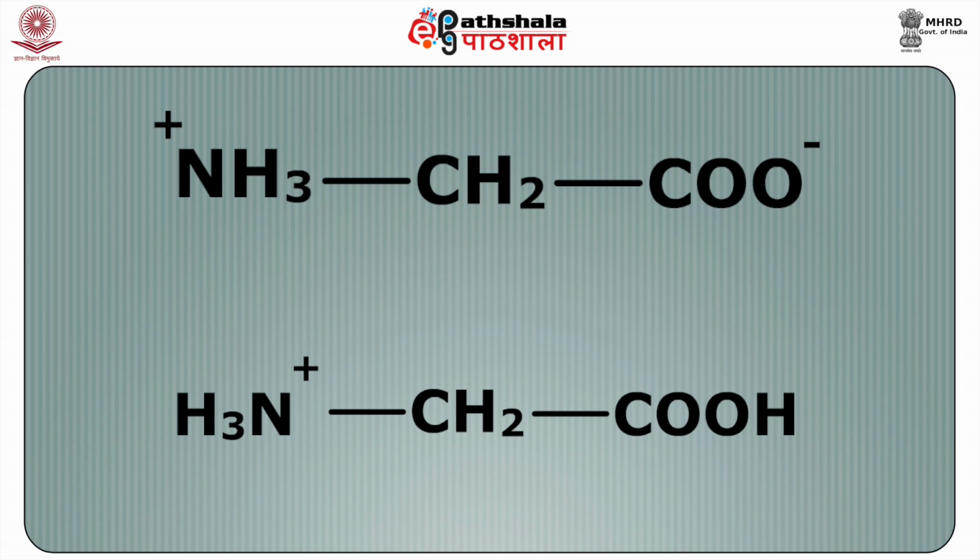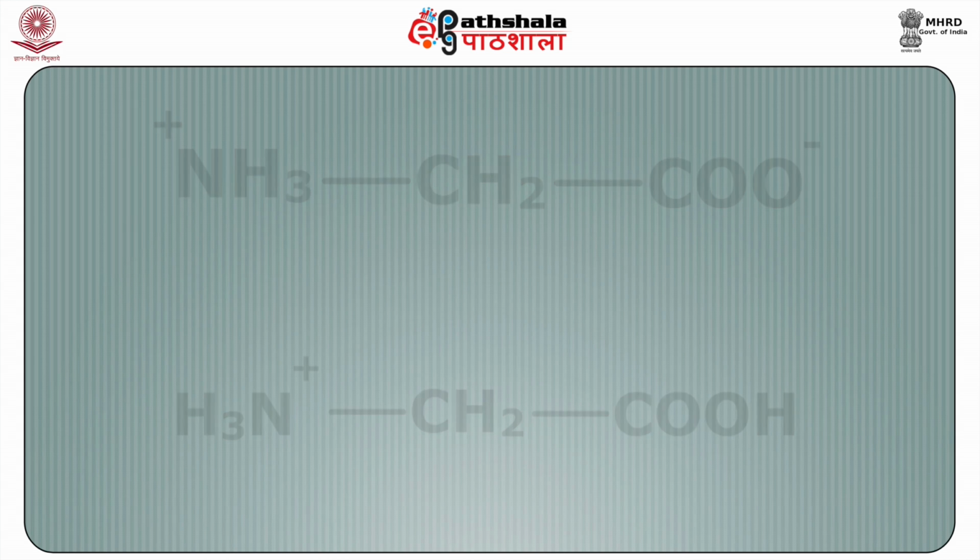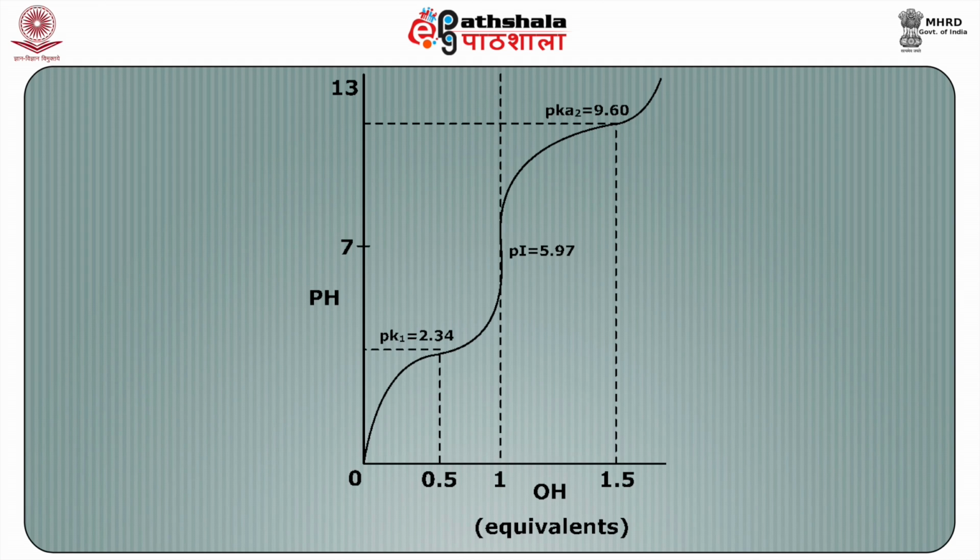At the midpoint of the first stage of our titration, the COOH group of glycine loses its proton, and equimolar concentrations of proton donor and proton acceptor species are present. At the midpoint of any titration, a point of inflection is reached where the pH is equal to the pKa of the protonated group being titrated.